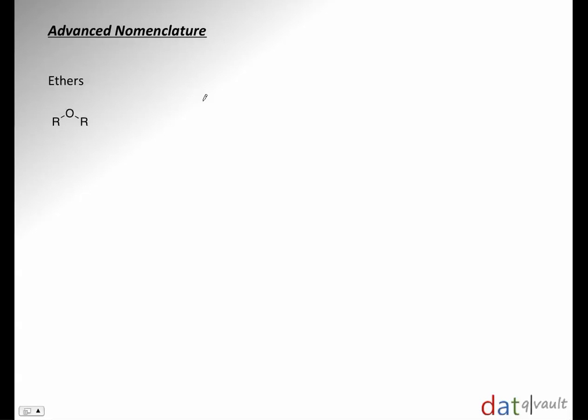Alright, the next functional group we're going to look at are ethers. Ethers have an oxygen between two alkyl groups like this. There's a couple different ways that you can name ethers. Ethers can either be named with the suffix ether, or they can be named as an oxo substituent.